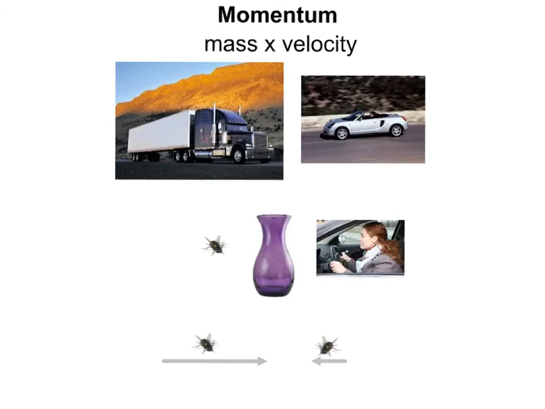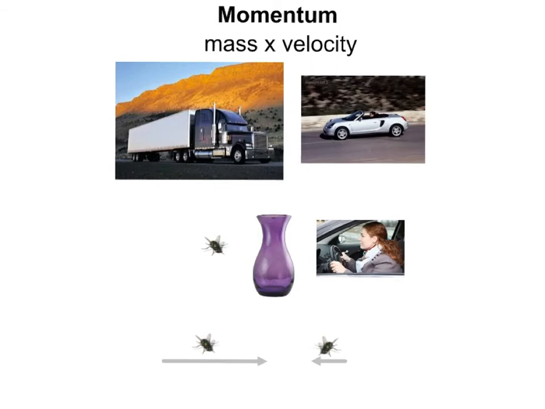Which one is going to have an impact on that vase? Well, I dare say the fly probably will not. The car, however, will probably break the vase traveling at 30 miles per hour, heading straight for it. That's because there is a lot more momentum here because the mass is greater.